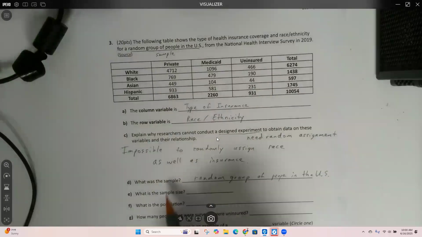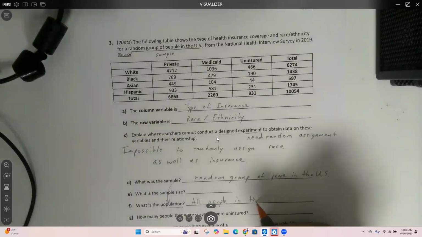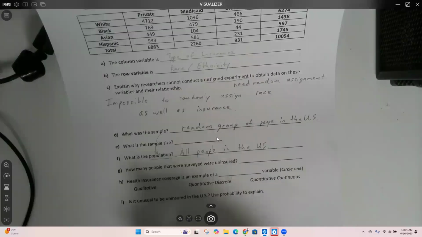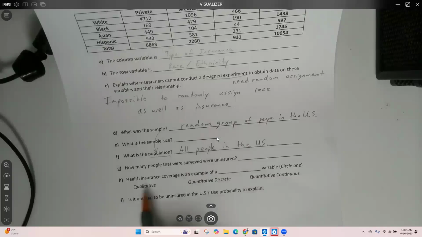What's the population? The population is related to the sample. The population is all people in the US, right? That's fine.